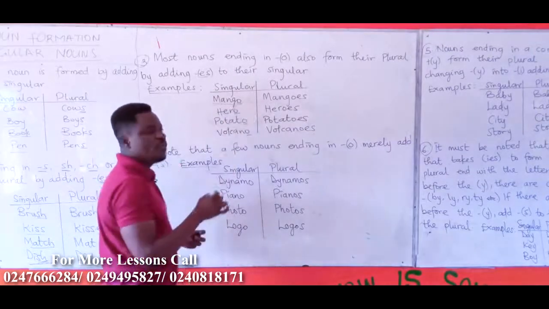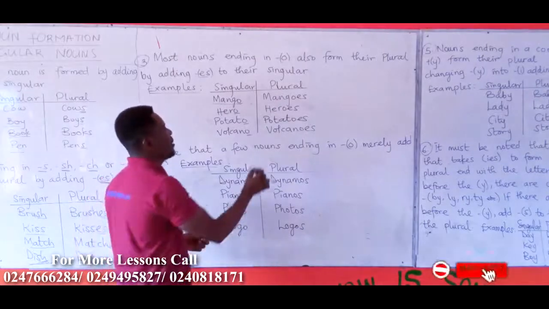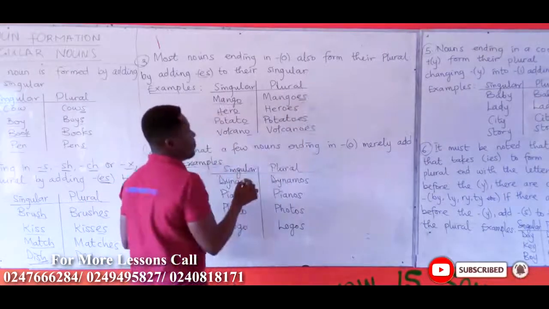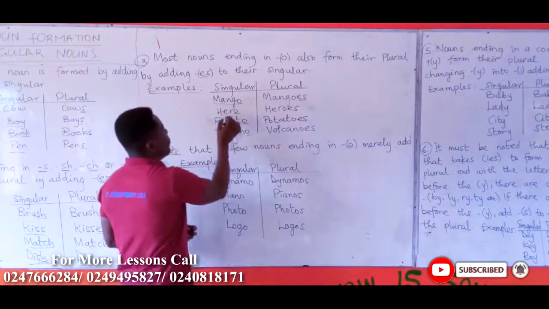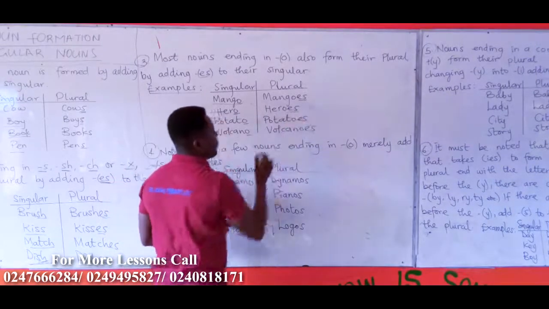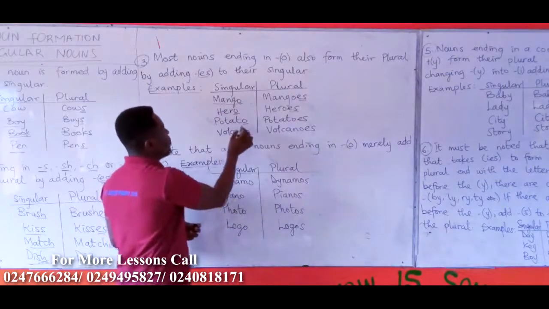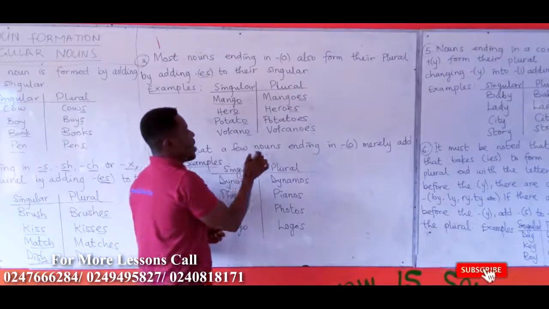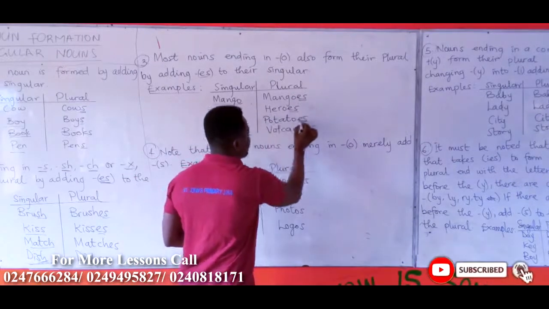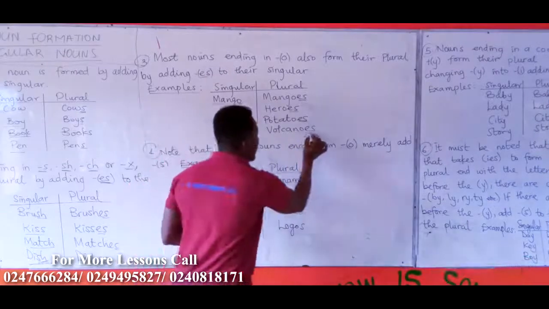To form the plural form of mango, I can't just add S, but I have to add ES to get mangoes. When you see another word like hero, ending in O, I have to add ES to get heroes. Now, potato. I'll add ES again, potatoes. Now, volcano. I am adding ES to get volcanoes.